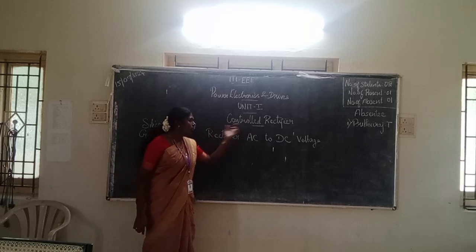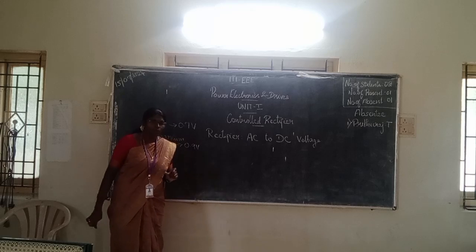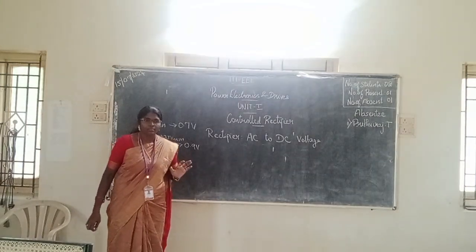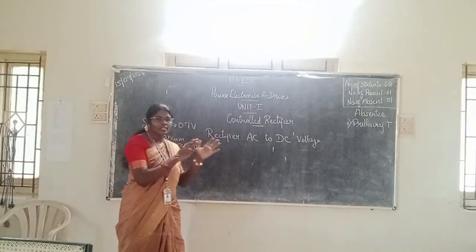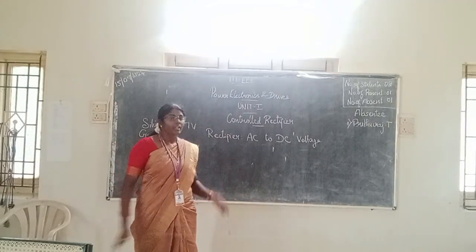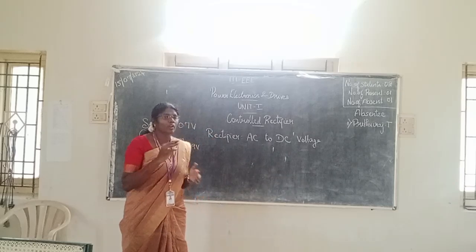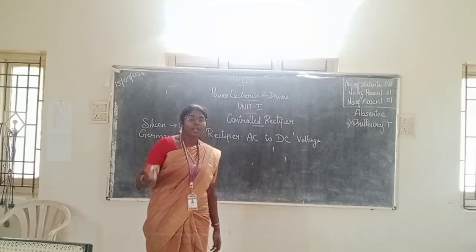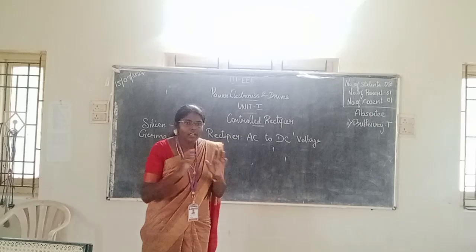Here one more word is controlled rectifier. You are going to control it according to your need. When we convert an AC supply to a DC supply, it is default: whatever voltage we give as input is converted as output. If I want to control it, I will add some more devices, some more switches, in the conversion circuit.